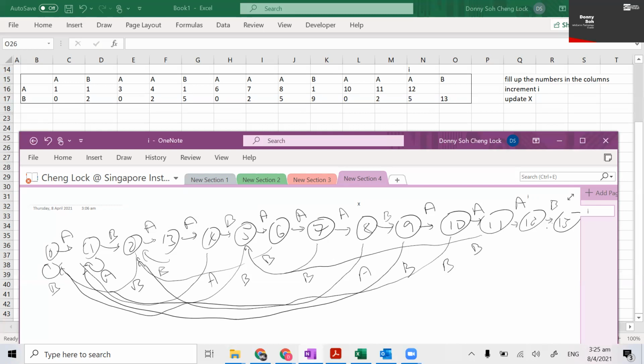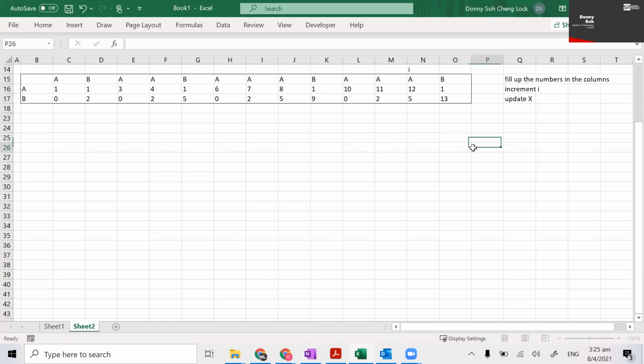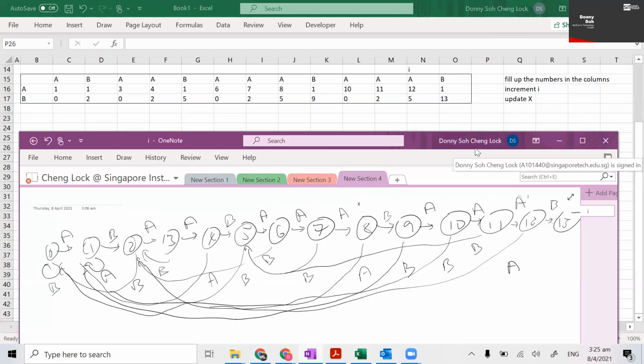So if you see the character A at state 12, it will go all the way to state number 1. It's very sad. So this is A. And so this should be the number. So this is the solution to part 4 of question 3.